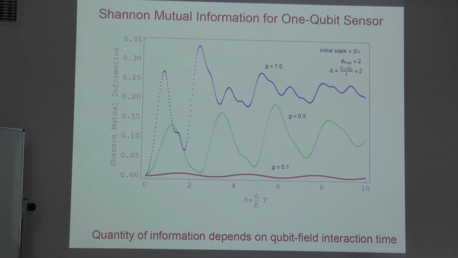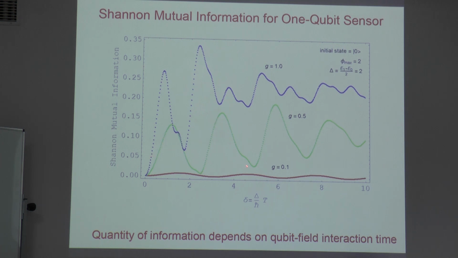Now, I can calculate the Shannon mutual information here for this one qubit sensor as a function of time of interaction. And obviously, the longer you interact, you would anticipate that you get more information. But it's not true. For example, for different couplings here, 0.1, weak coupling, medium, and strong coupling, let's look at the green curve.